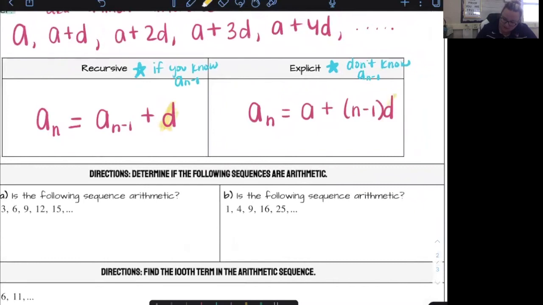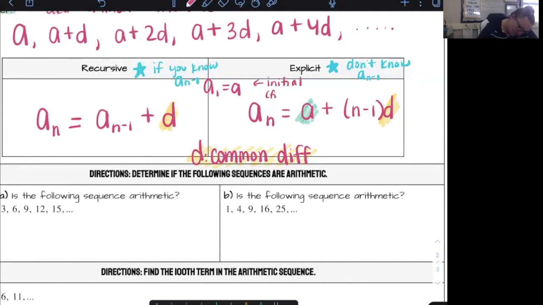D is the common difference. A represents your initial term or your first term. A sub 1 is equal to A.